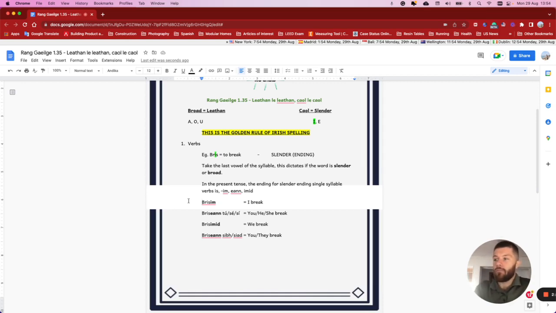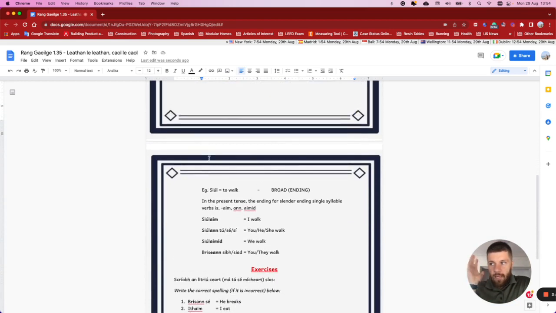Brisimid, imid, we break, and then again back to eann, briseann sibh, and briseann siad. So im for me or I, eann, and imid. They're the slender endings for present tense verbs that are one syllable.